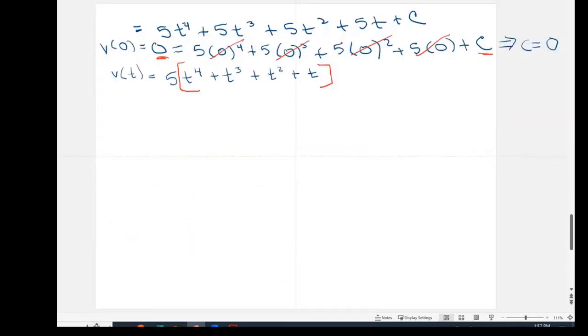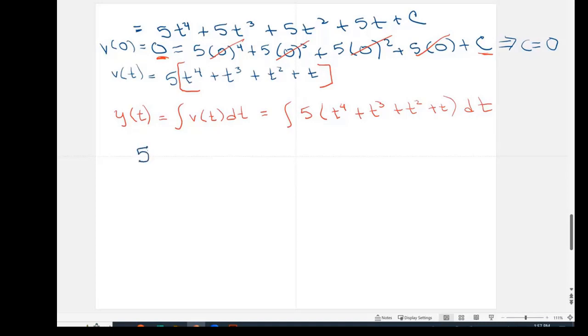If I want to find y of t, that equals the integral of v of t dt, which is equal to the integral of 5 times t to the 4th plus t to the 3rd plus t squared plus t dt. And then I'm going to take the 5 outside and I'm going to integrate each one of these in here separately using the power rule.